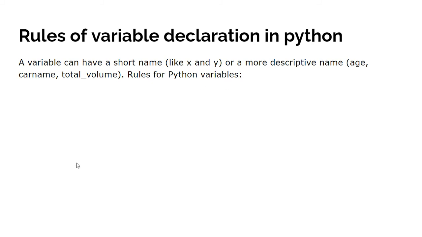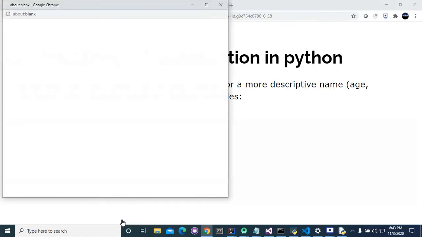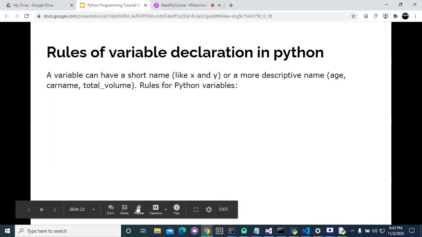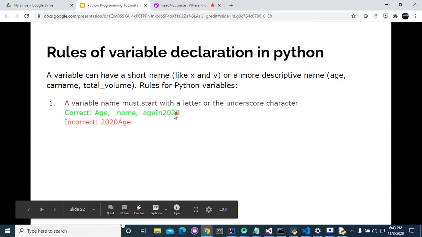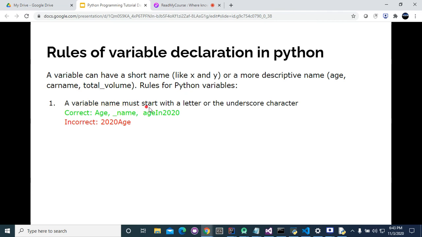And what are the rules? A variable name must start with a letter or the underscore character. It means you can start a variable name with a letter, meaning alphabets, or the underscore character.